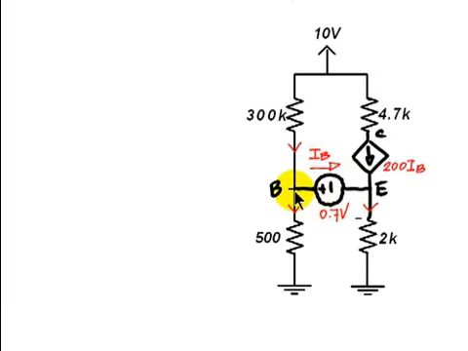First, an equation for this branch: VB is higher than the voltage of the emitter by 0.7 volts. Correct. And then a couple of KCL equations.